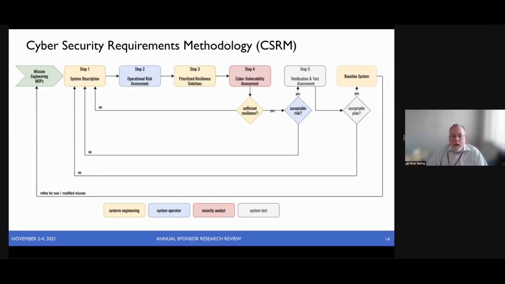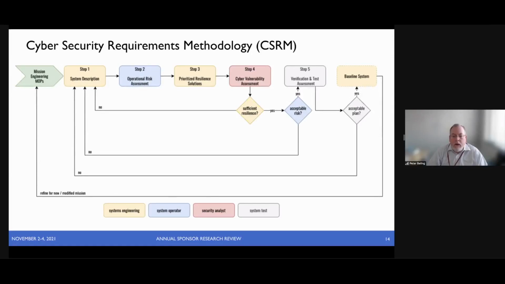And then we can follow a process that we call the cybersecurity requirements methodology, CSRM. I'm showing a simple version of CSRM right now, and we'll come back to it as we layer in some complexity from several other perspectives over the course of the first part of our tutorial this morning.